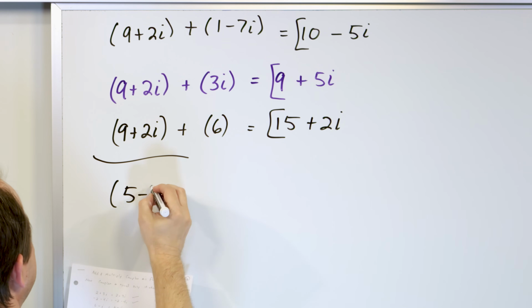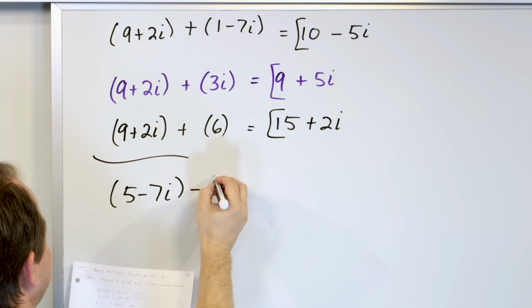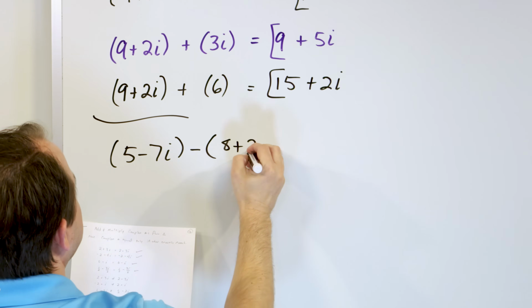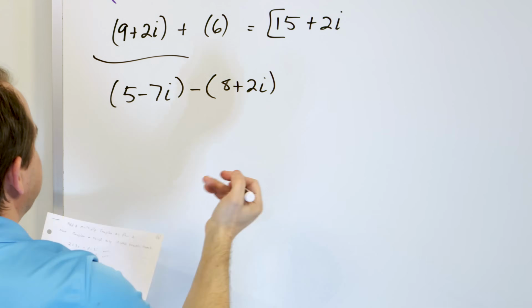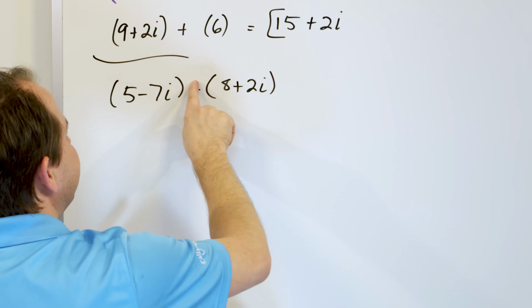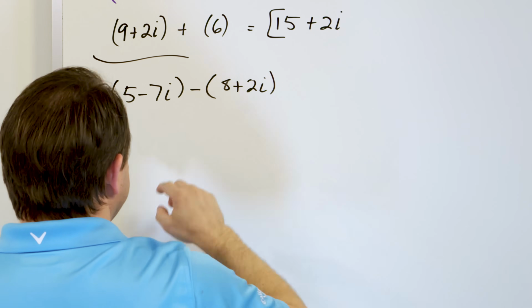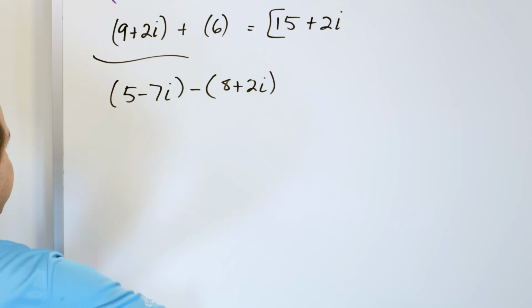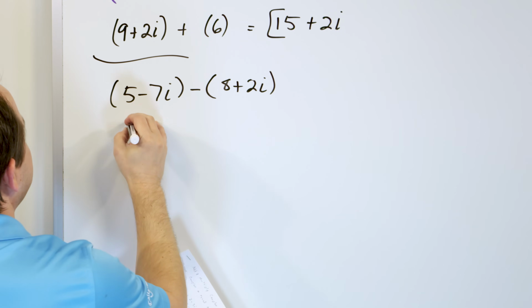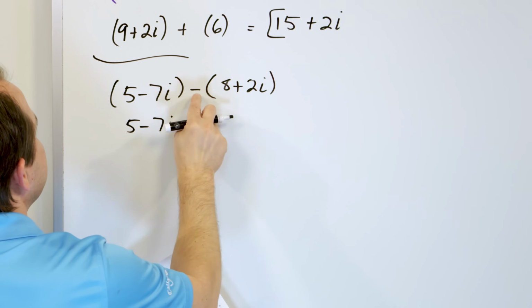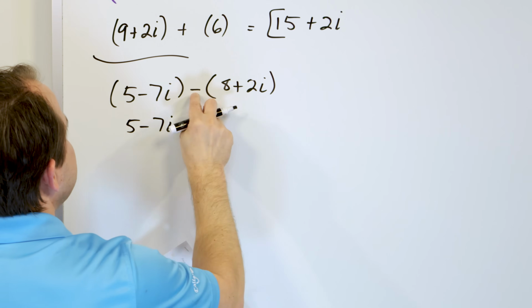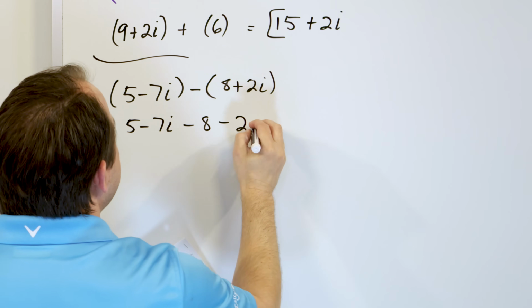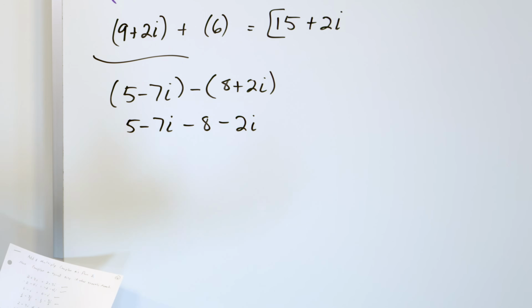What if I have 5 minus 7i, and I'm going to subtract 8 plus 2i? Again, if this was just an expression, you would know what you have to do. You have to distribute the negative in to both of those terms, and that's what you have to do in this situation too. So you can take the parentheses away here, 5 minus 7i. The negative goes in, making negative 8. The negative goes in, making negative 2i, and then you basically collect like terms.